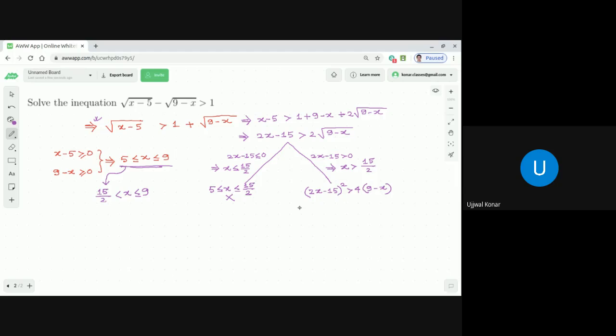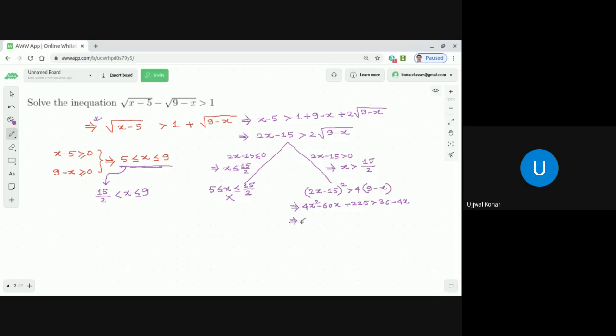So here what we are going to get? 4x square minus 60x plus 225 is greater than 36 minus 4x. I am doing it purposefully because this is not a very straightforward equation which we can solve using factorization.